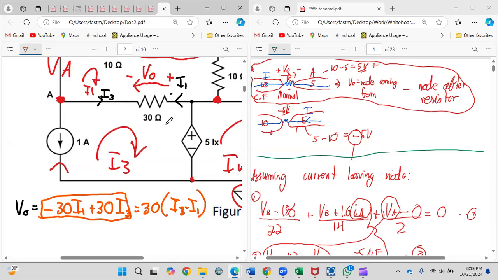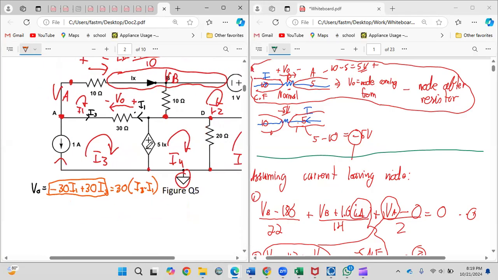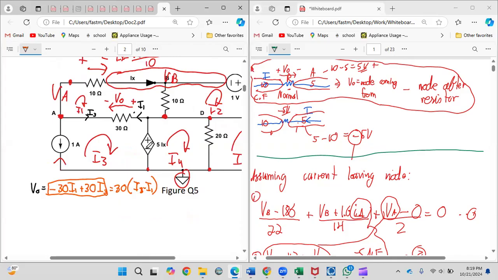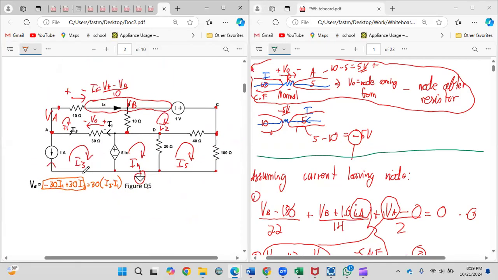So I1 could be your normal thing, minus I1 by 30 or minus 30 I1, and anything going in the opposite direction will be positive. That way you get the plus 30 I3, and the sum of those two will give you your VO. So that's how you will do VO if you were doing loop analysis. I hope that helped.